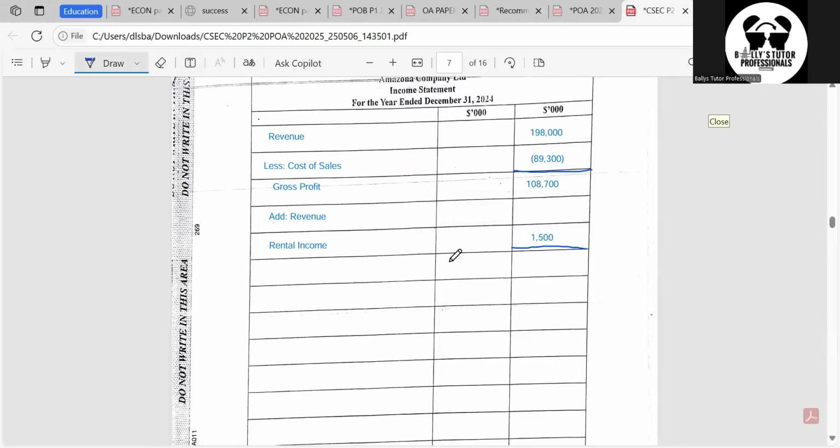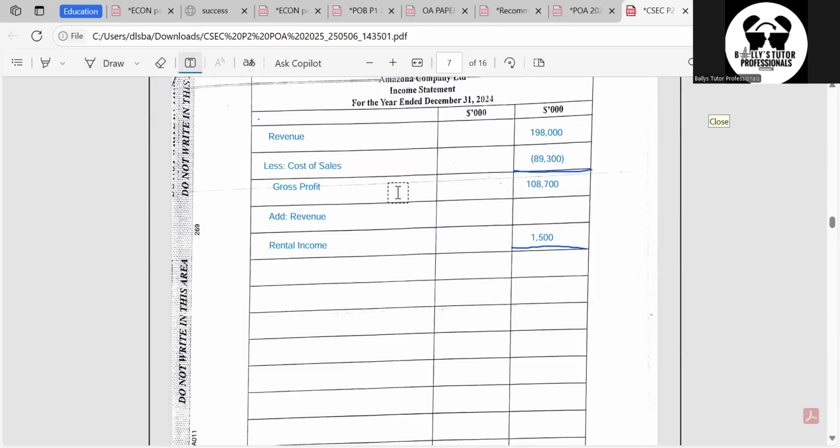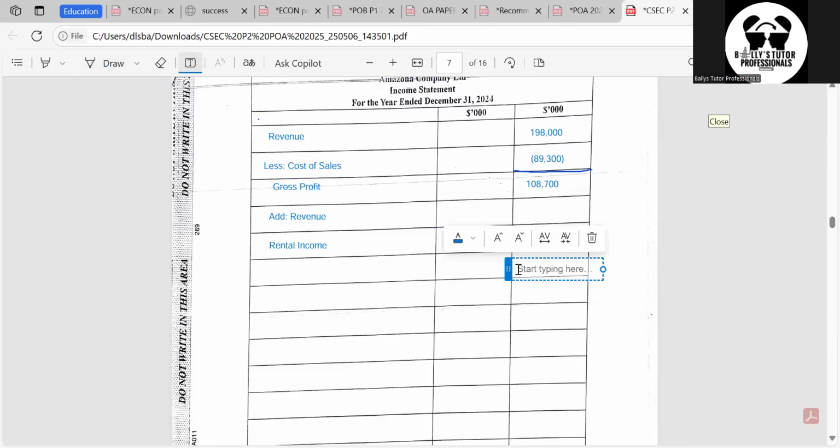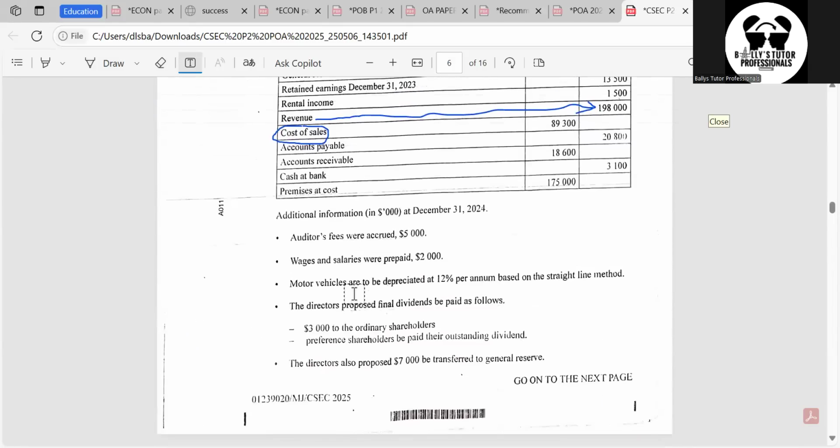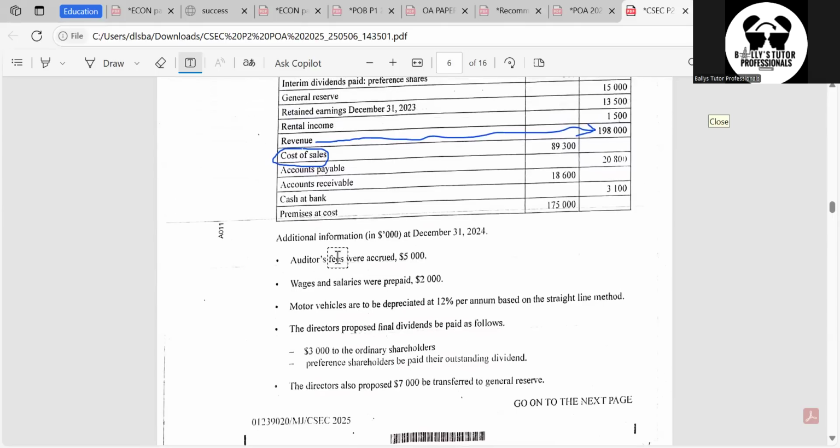So that'll be 108,700 plus 1,500, and that'll give us 110,200, and that part is done. Now we're going to minus expenses. Now before we minus expenses, we have a few calculations to do, right? They gave us some additional information. They said auditors' fees was accrued, wages and salaries prepaid.